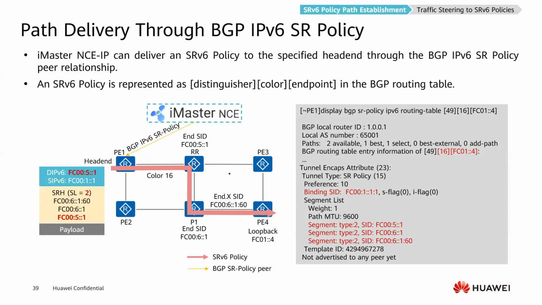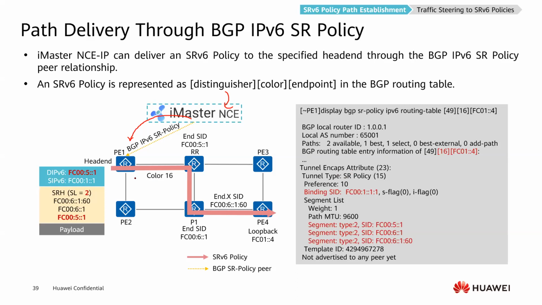And once BGP-LS tells the NCE the network situation, the NCE will send the SR policy using the BGP IPv6 SR policy neighbor. It will send to the head end.